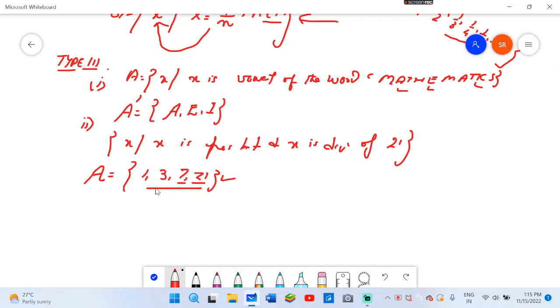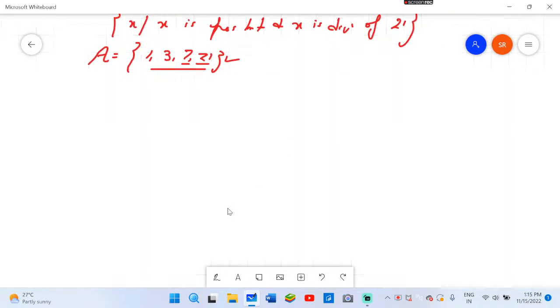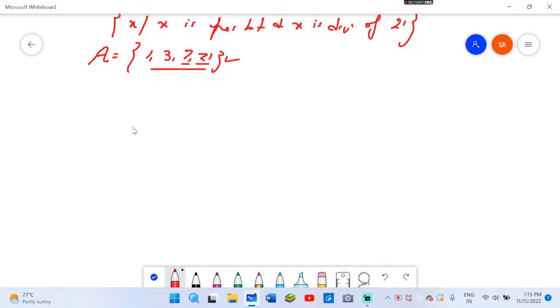We have converted it into roster form. We are changing only the form, the way we are representing. Ultimately, these are the same sets.